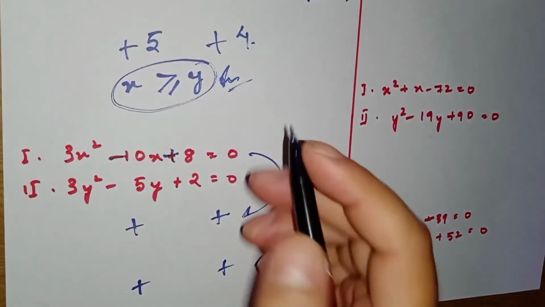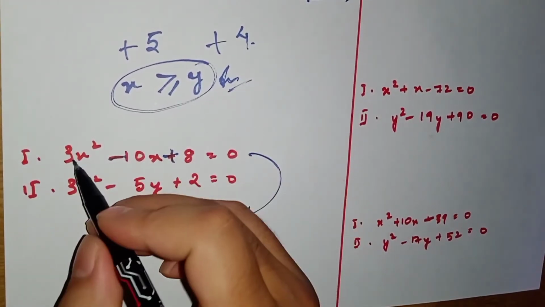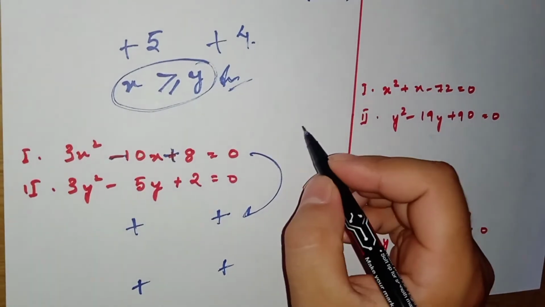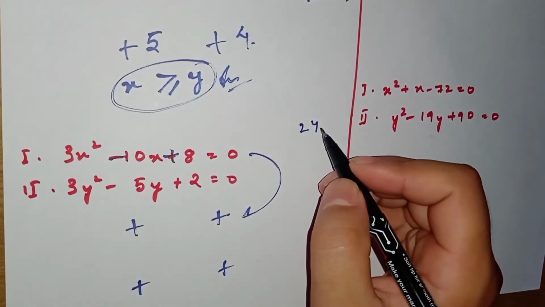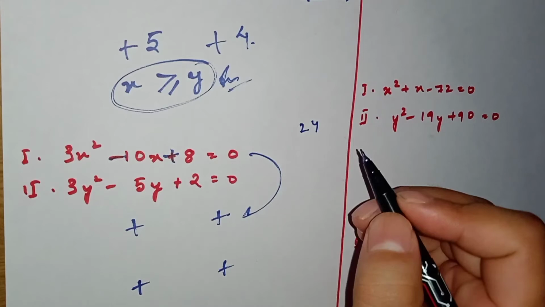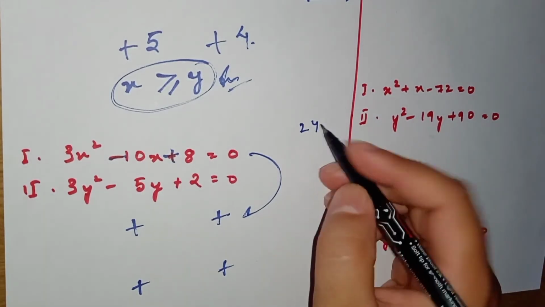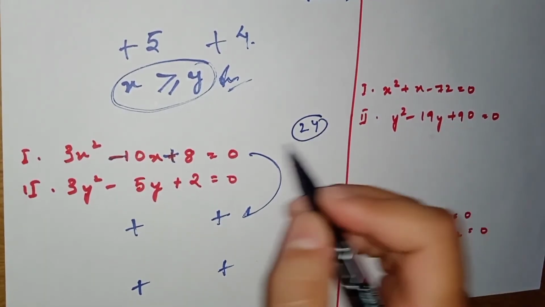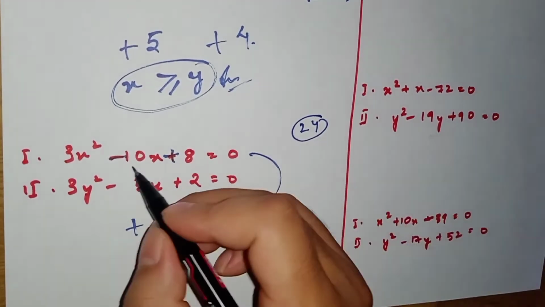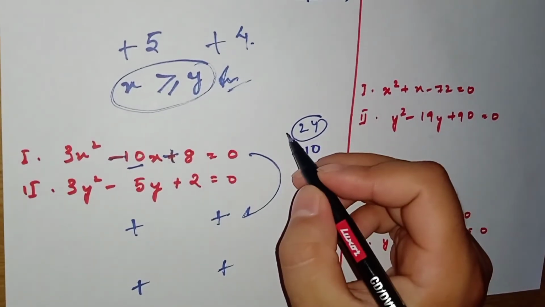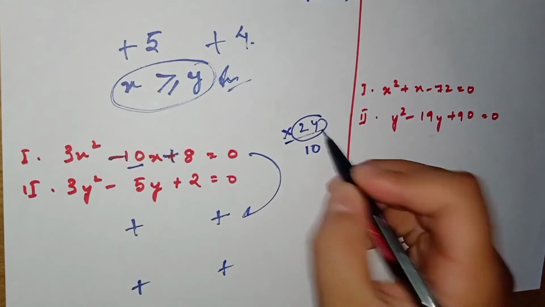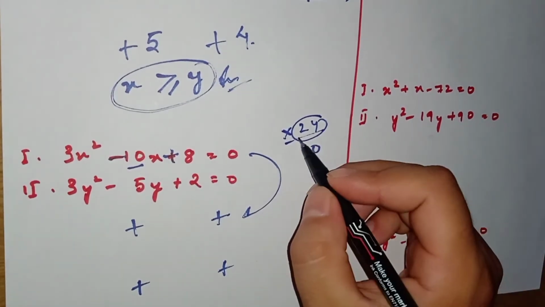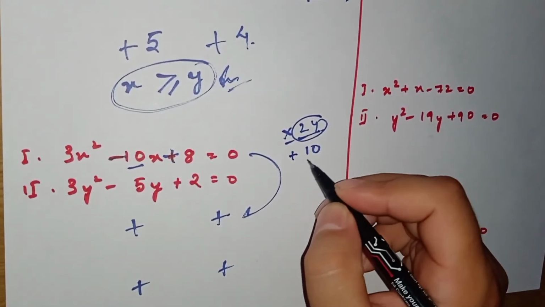And when we multiply 8 and 3 we get 24. So we have to find those two numbers. When we multiply we get 24, and when we add we get 10.